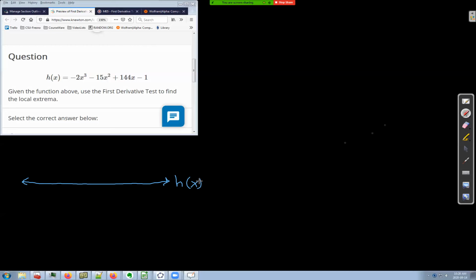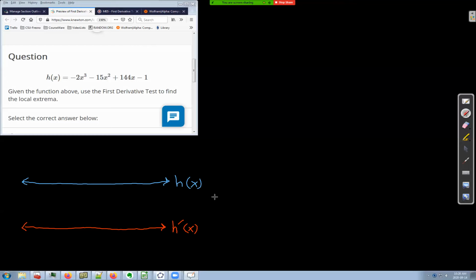And the second number line is going to be for the derivative. I want to label everything carefully so that I know what it is. And I got my two number lines.